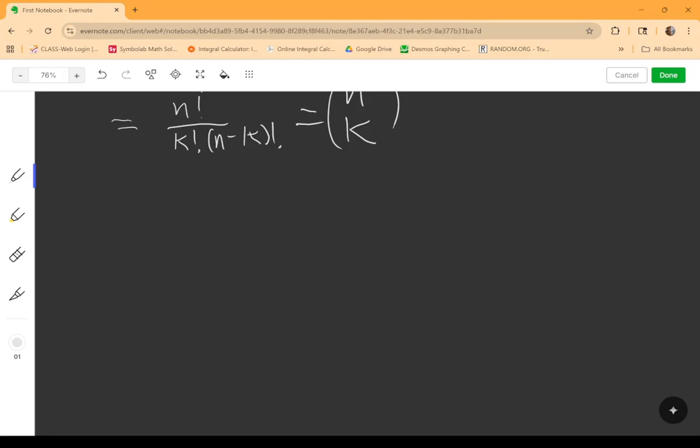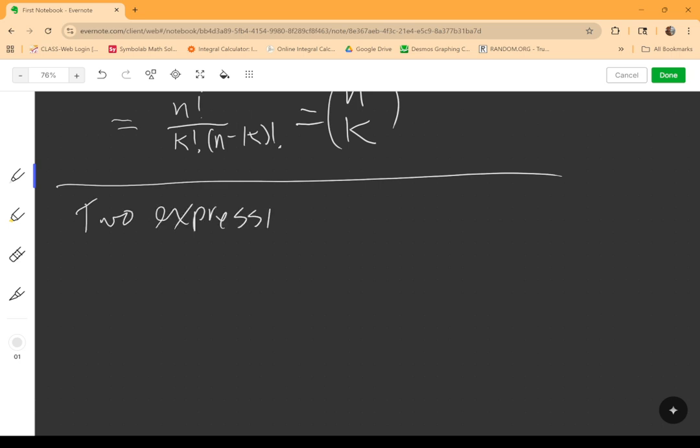The idea here is that if we have two expressions that count the same set, they must be equal. That's the approach I want to take.